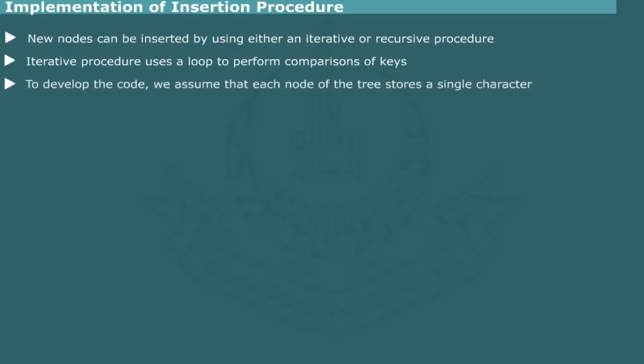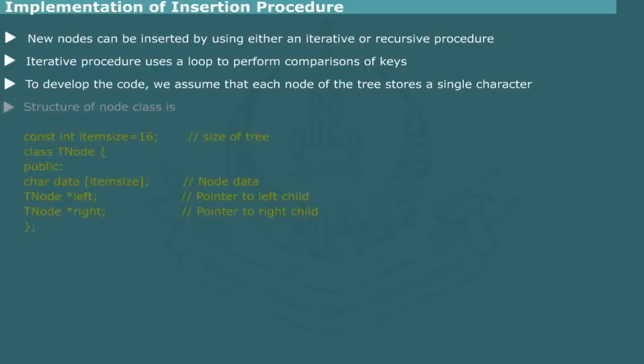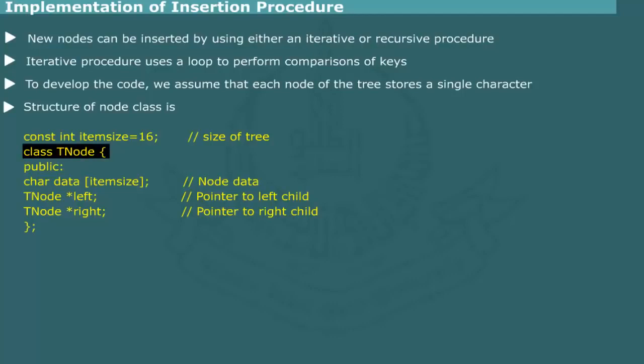In order to develop the code for the insertion operation, we assume that each node of a binary tree stores a character string of some fixed size. The structure of the node class is shown in figure. The T-node class contains node data. It contains a pointer to the left child. It also contains a pointer to the right child. The complete code for the iterative insertion procedure is given in reference notes.